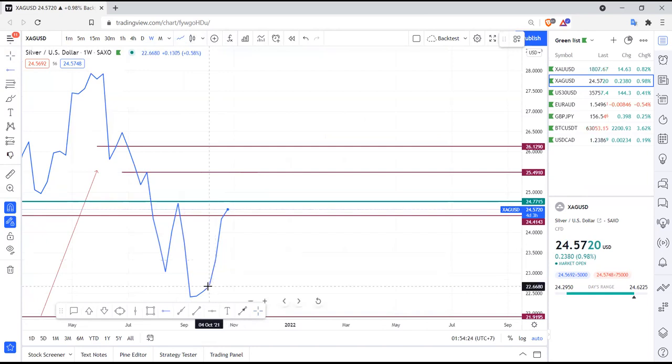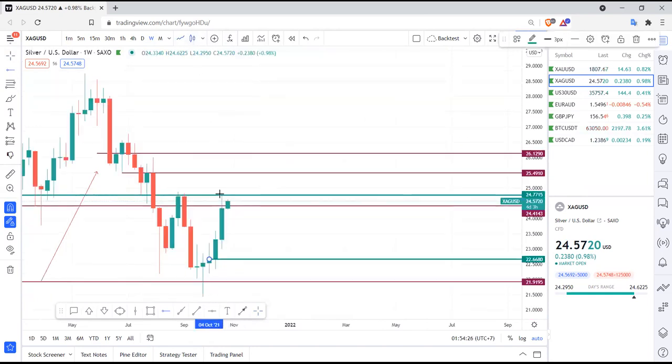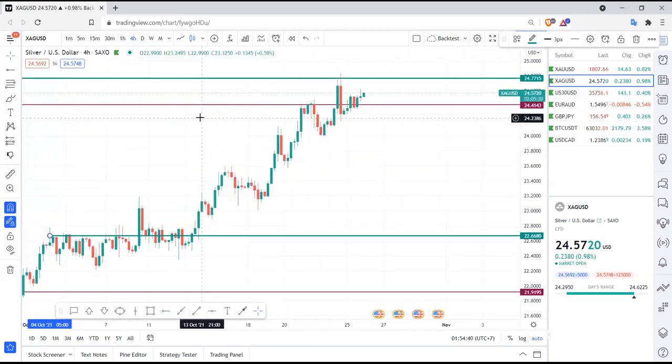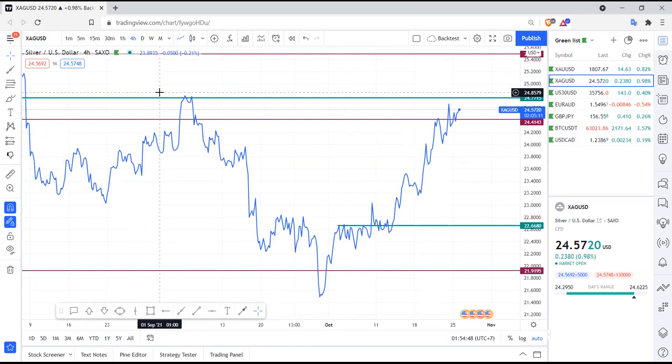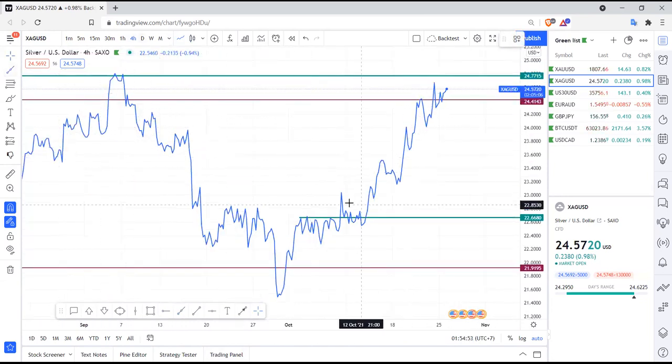Okay, rejected back at that key level because of the weekly. Oh, because of the H4 setup. This is for the H4 setup. H4, right? Okay.